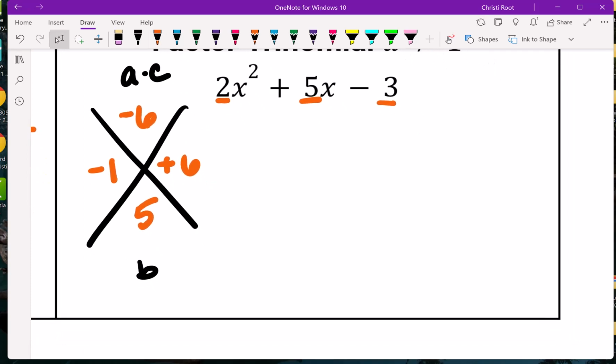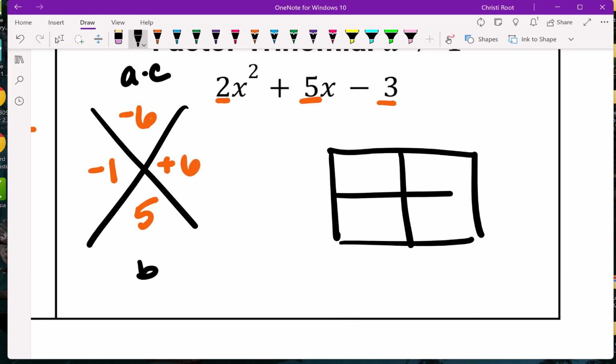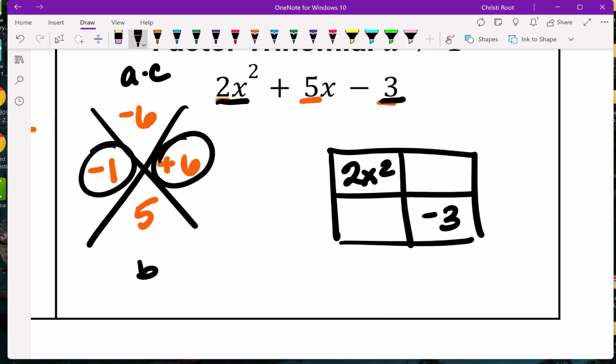Those are your factors. Your answer is not x minus 1, x plus 6, because it is not a equals 1. You have to do either slide and divide, or you have to do the box method. So to do the box method, first term goes here, last term goes in the last box. Your factors go in your diagonal.